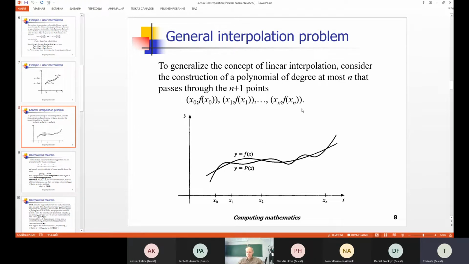Well, but this case is the simplest case. Now let's consider a more general situation. Let's consider a construction of a polynomial of degree n that passes through n plus 1 given points.